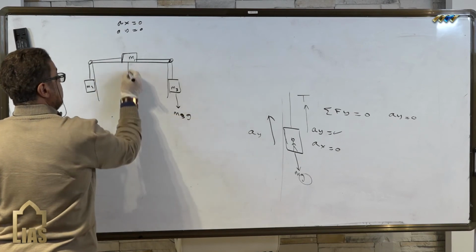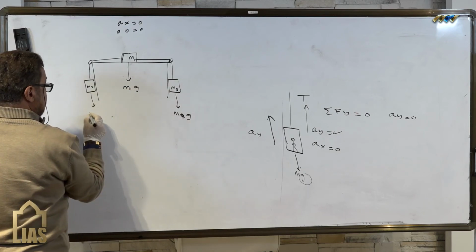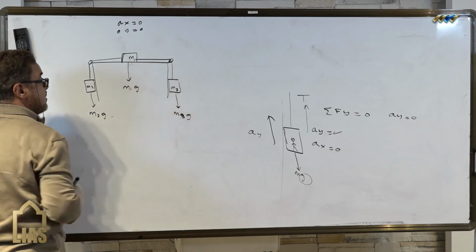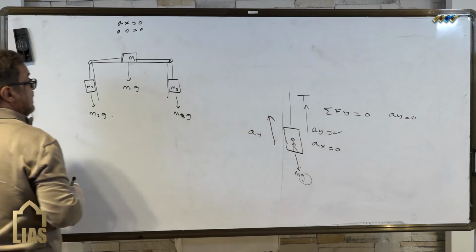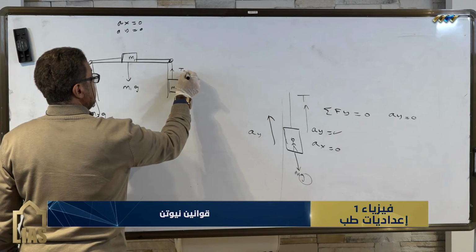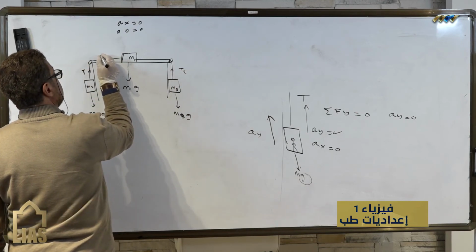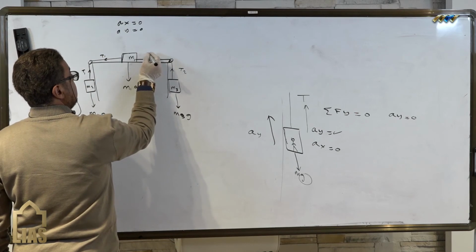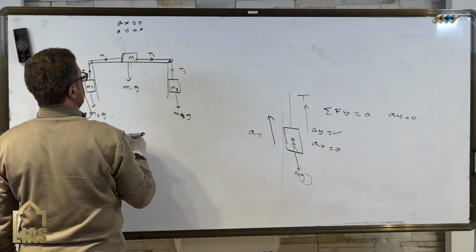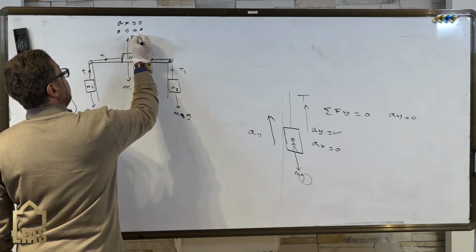This is here M3G, here M1G, here M2G. Okay. What we have here is T2, T1, T1, T2. Okay. And we have here the Fn.